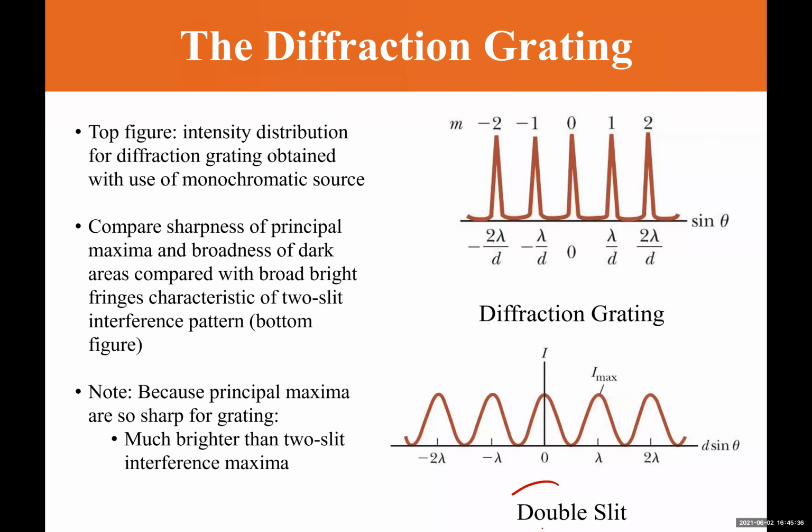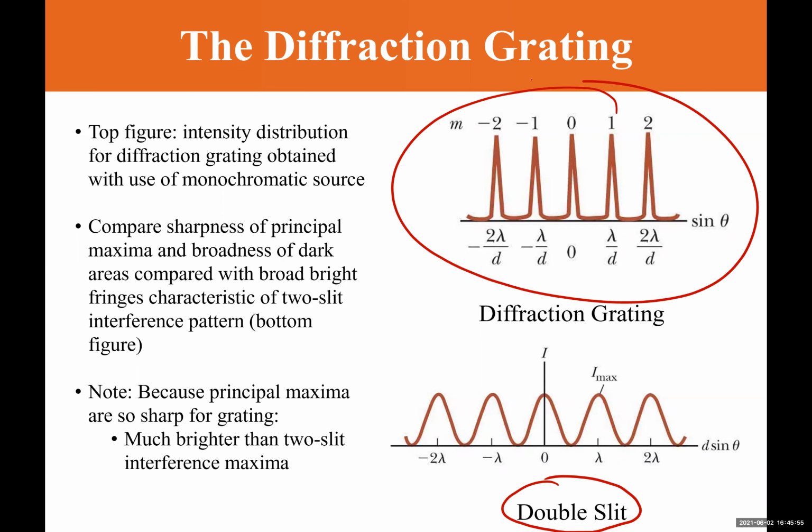So for example, here you see double slit. You can see, right? You have the central one, and let's say here's I max, and what you see here is the distance between them. Compared to that, with the diffraction grating, those graphs are much narrower.